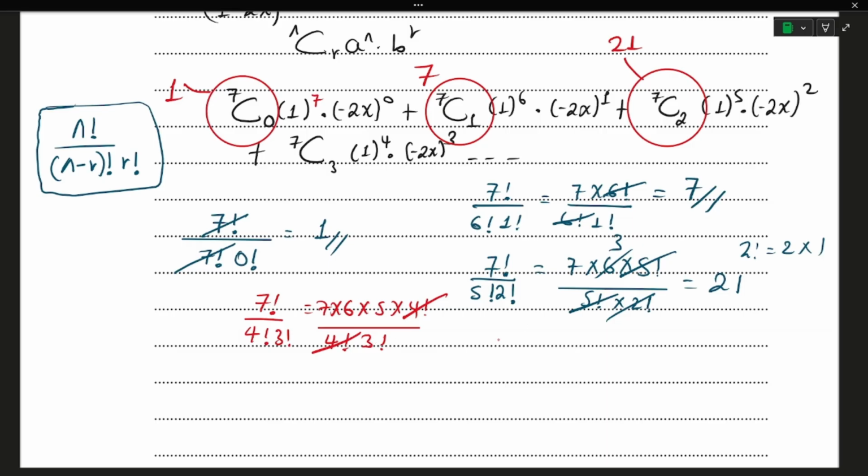Then 3 factorial is 3 times 2 times 1, which is 6. That's why I didn't write it over here. So 6 divided by 6, and 7 times 5 is 35. So the cofactor of this one will be 35.